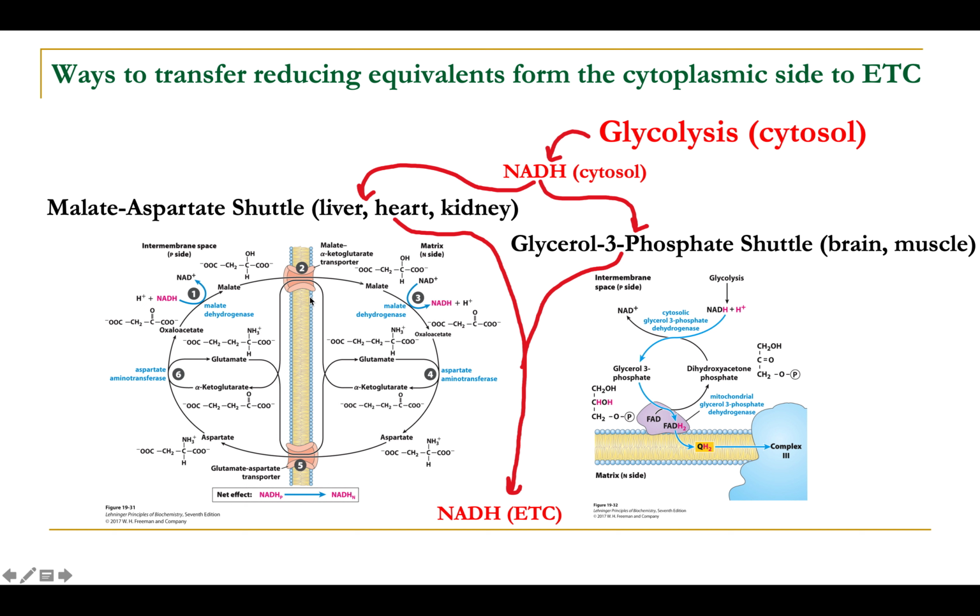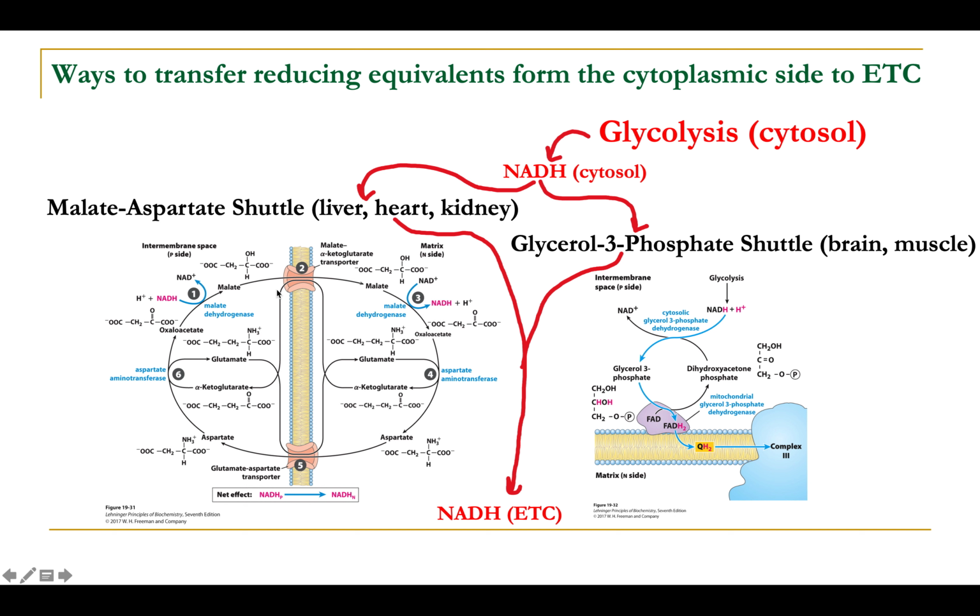And the catch is that these channels transferring malate and transferring aspartate at the same time transfer alpha ketoglutarate and glutamate in the opposite direction, so they act as antiporters. The malate channel is actually an antiporter that couples transfer of malate in one direction with the transfer of alpha ketoglutarate in the opposite direction, and the channel which transfers aspartate in one direction is actually antiported at the same time to transfer glutamate in the opposite direction. This way the flux of the amino group is restored.